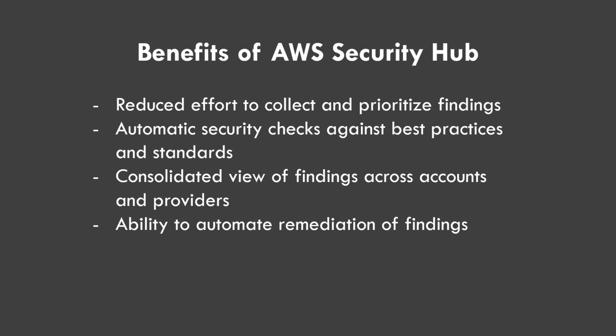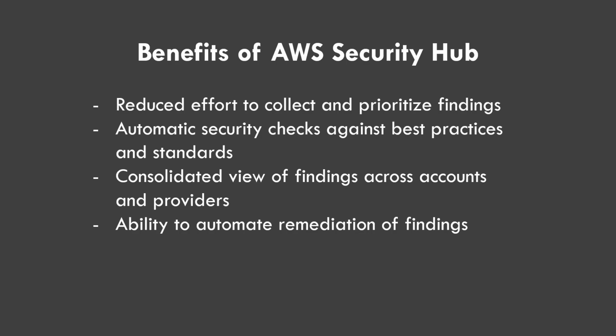So how does it reduce the effort in collection? Because it's one place where different security tools are integrated, giving a consolidated view within one dashboard, right? And based upon that, we will be getting critical findings, medium and low priorities.